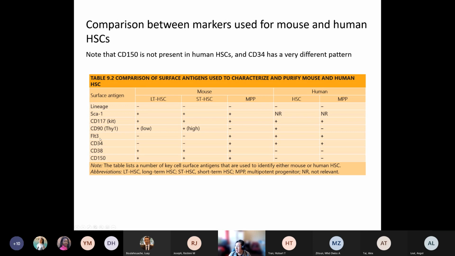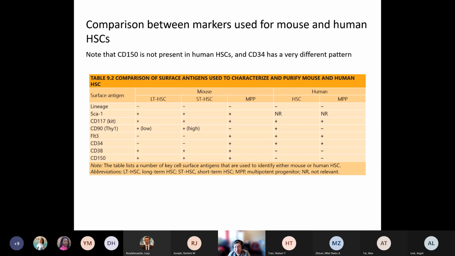And then let's move on to CD34 and FLT3. As you can see, those are markers in mouse for multipotent progenitors, when the cells lose their stem cell identity. You start to see FLT3 and CD34. But in humans, the stem cells are positive for FLT3 and CD34. So there are a lot of discrepancies there. In humans, the starting point for the definition of human hematopoietic stem cells is actually CD34.